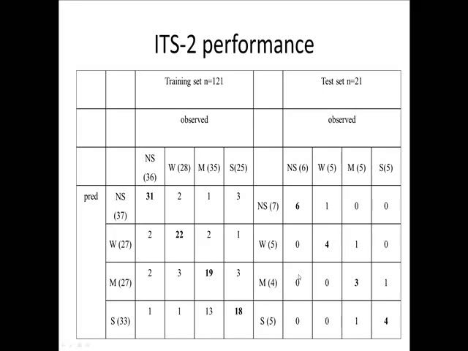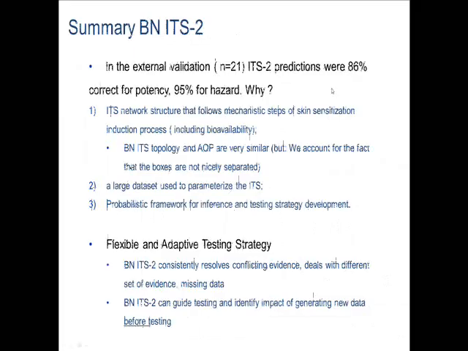Okay, if you look at the summary of this work, we see that in the external validation set we have quite good predictions for potency and hazard. What was crucial for this success? First of all, we follow mechanistic steps to determine the topology of this network, and actually it reflects the AOP.